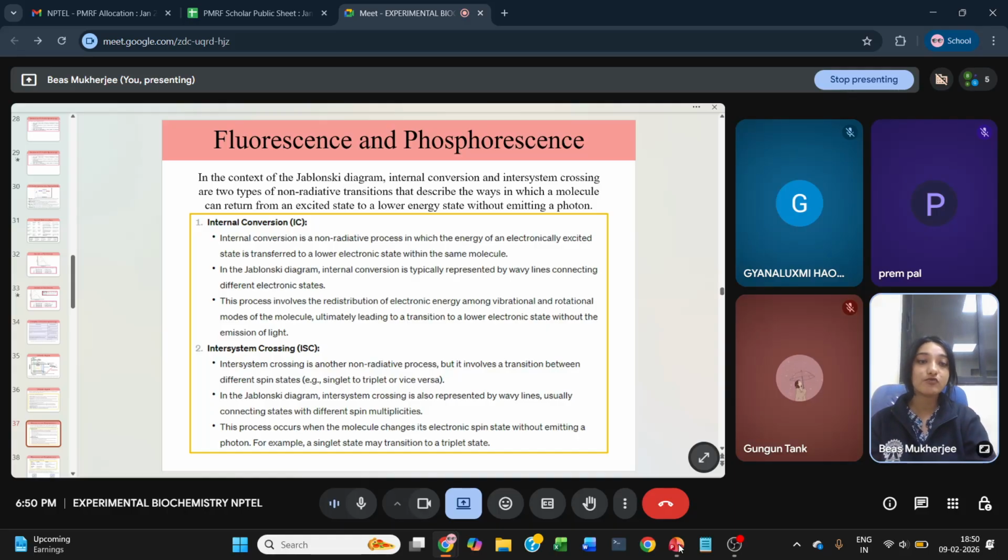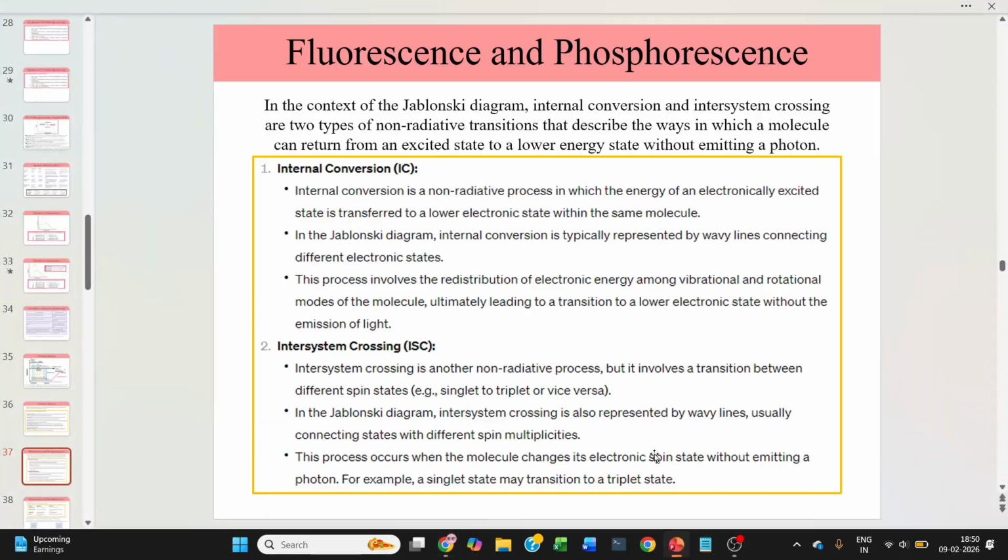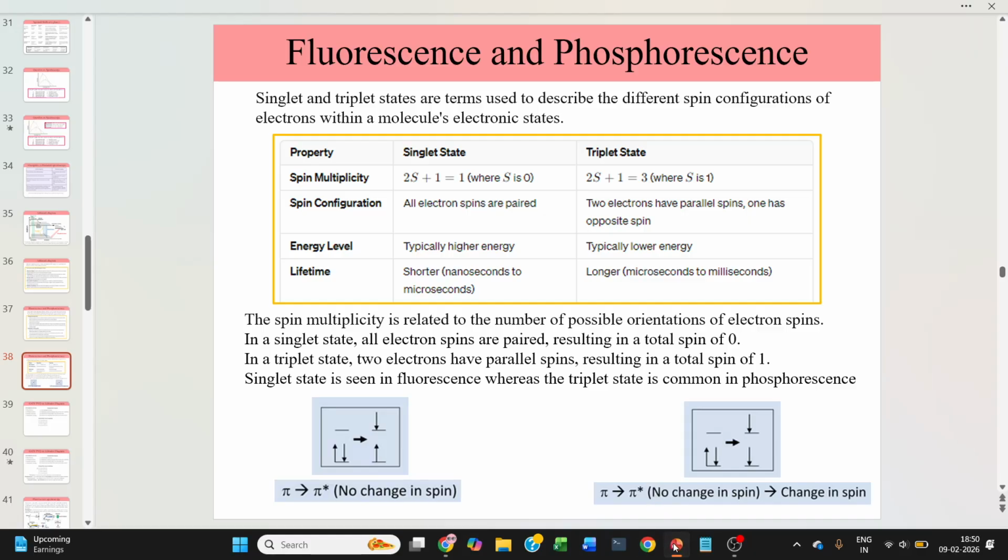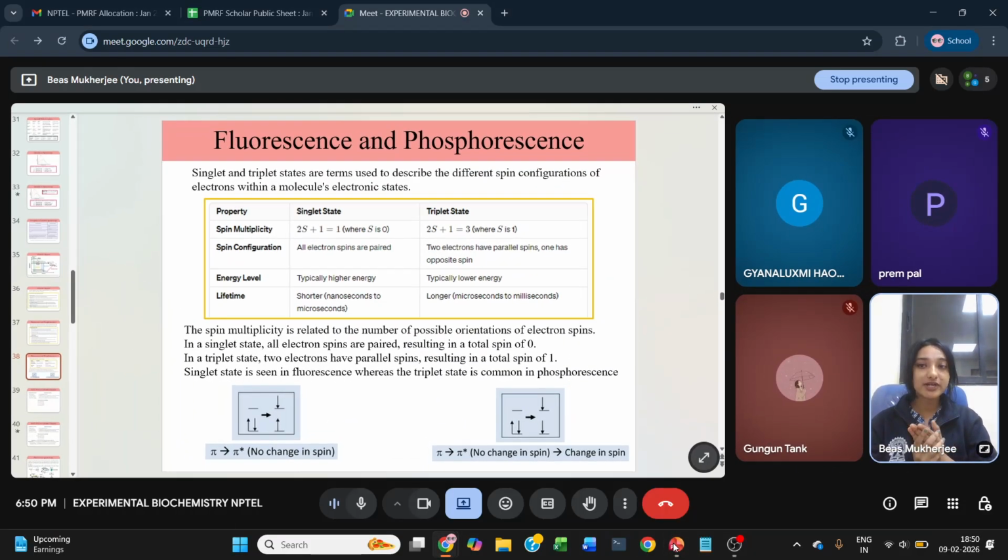Now, what is singlet and what is triplet? We look at this. So singlet and triplet are terms used to describe different spin configurations of electrons within a molecule's electronic state. What is a spin? Now electrons can have upward spin, they can have downward spin, right?